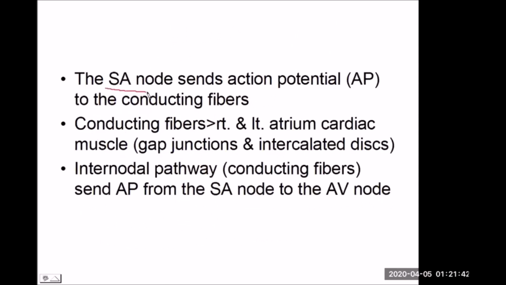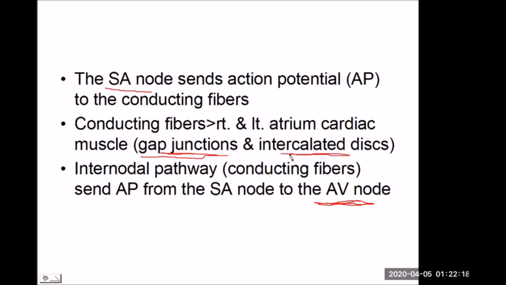So the SA node is able to signal to the AV node. So we have that connection of the internodal pathway. The SA node is able to signal to the secondary pacemaker. Of course, between cardiac muscle cells, again, cardiac muscle cells contain both the gap junctions, the ion channels between them, and the strong physical connections of intercalated discs.